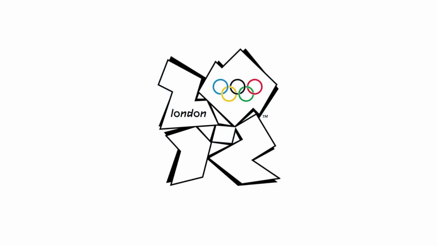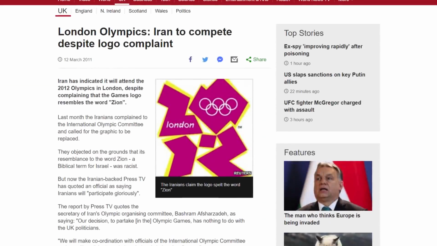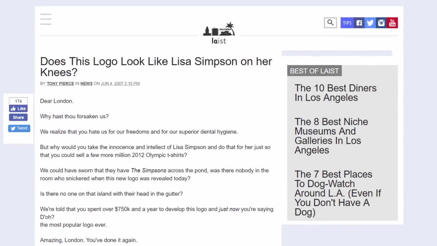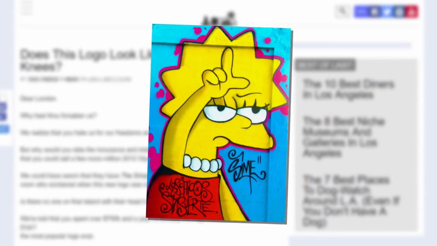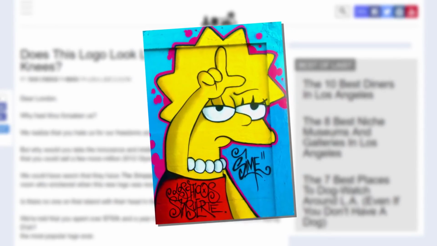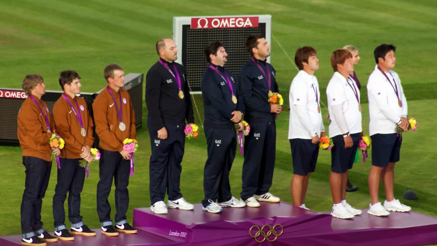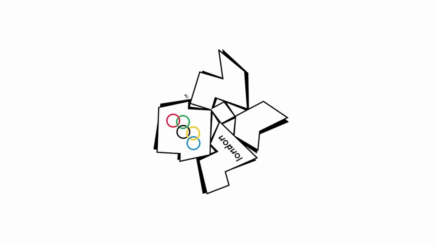This almost led to the Iranian team backing out from the competition, until Olympic officials stepped in and clarified the issue. Another group of people, however, saw a rather vulgar scene within the logo, as they saw famous cartoon character Lisa Simpson in it, performing something uncharacteristic of her. Nevertheless, the Olympic Games were successful, and the London Olympics 2012 logo has become a thing of the past.